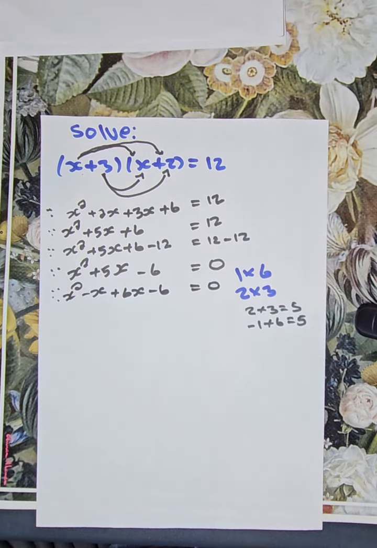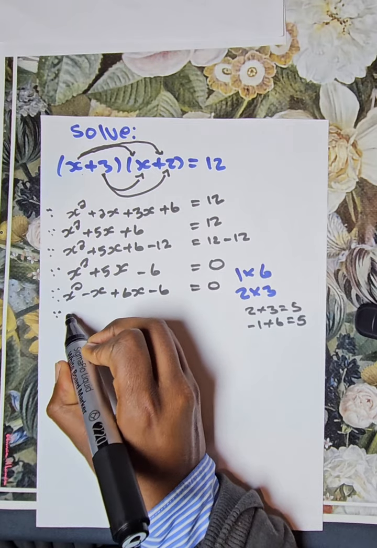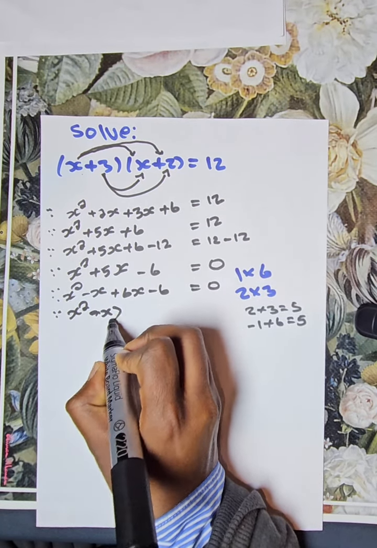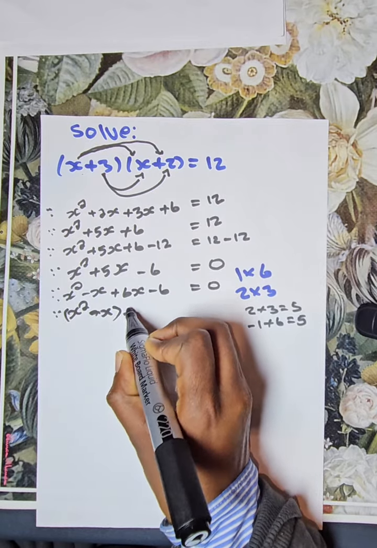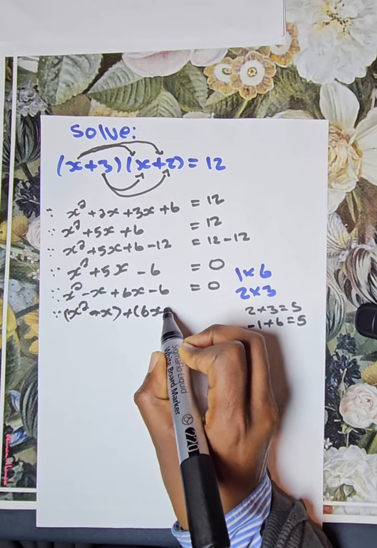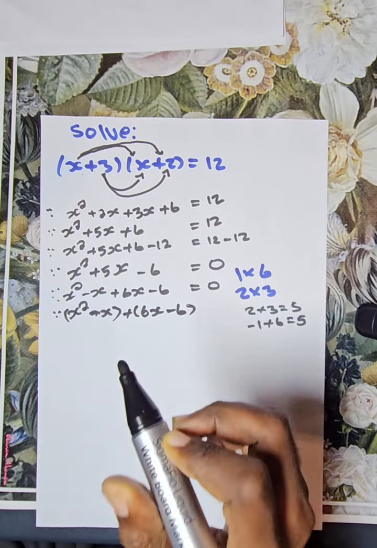Now, our steps going on, we then group. We're going to therefore group x squared minus x in one group plus the group of 6x minus 6.